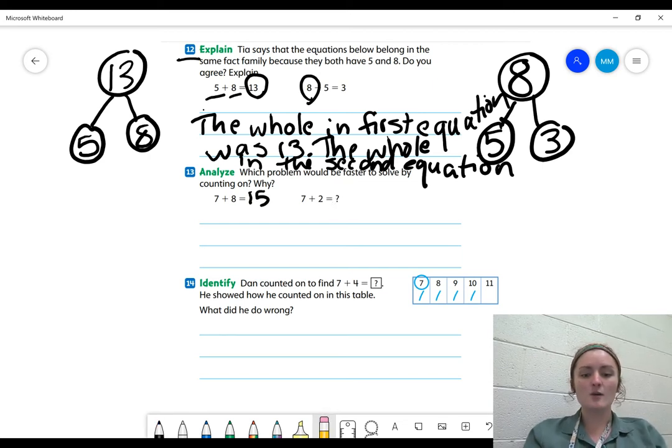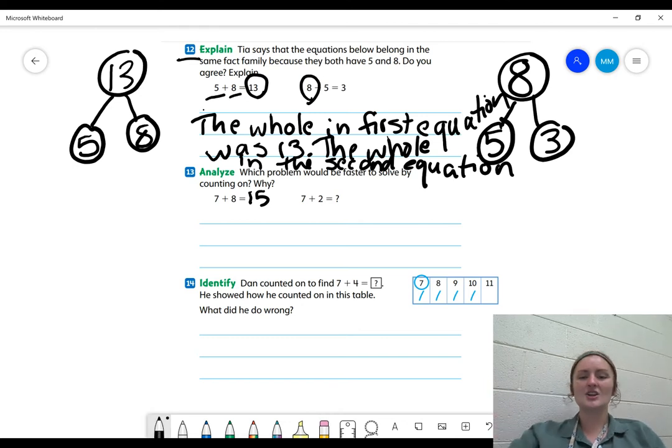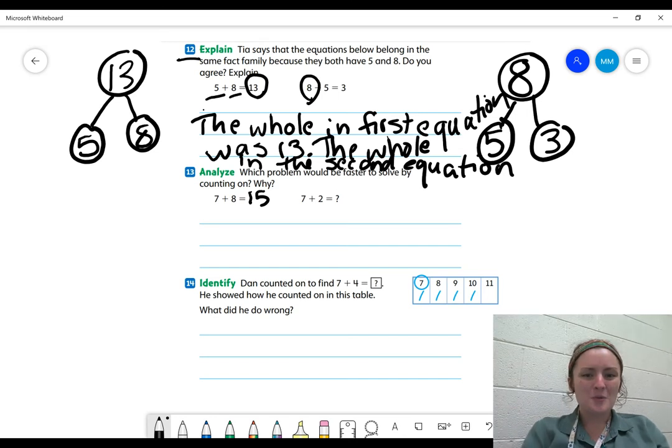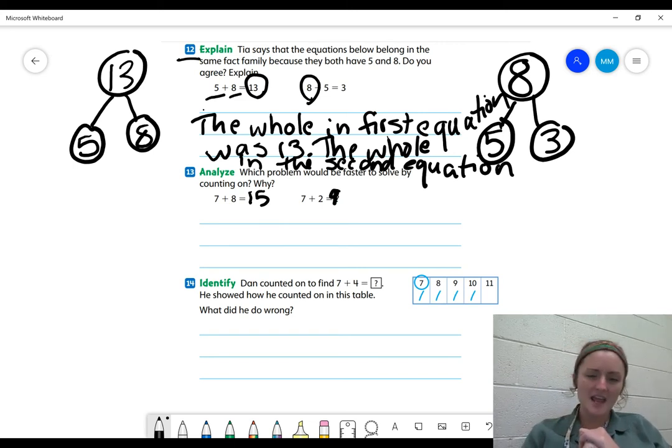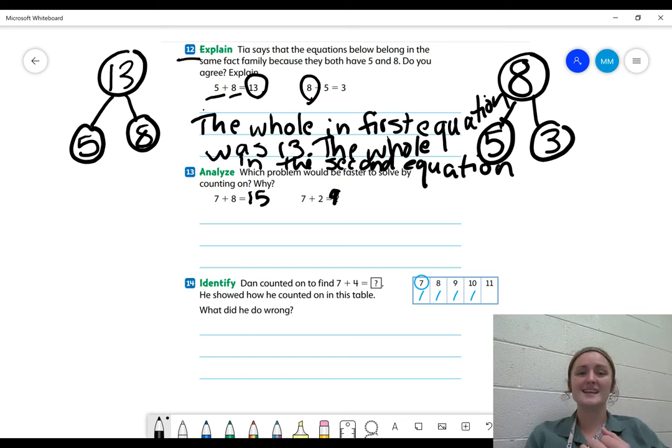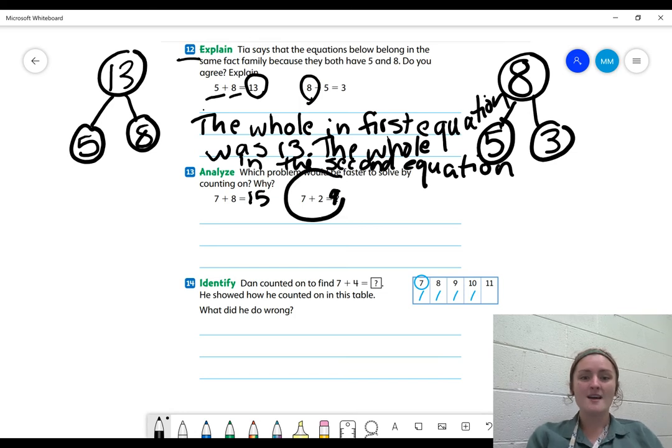Now we're trying to figure out which one would be faster. So now I'm going to start with 7 and add 2 more. 7, 8, 9. Which one was faster to count? Tell your grown-up, tell your pet snake, tell your pet grasshopper. Which one was faster for me to count on, the first or the second? The second one, right?